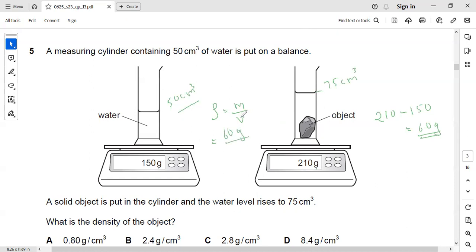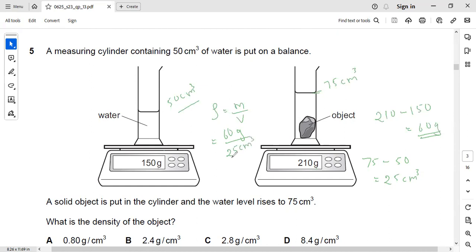divided by V, that is volume. For the volume, after keeping the object it is 75, and before keeping it is 50. So that is 75 minus 50, which will be equal to 25 centimeter cube. So 60 divided by 25 centimeter cube.